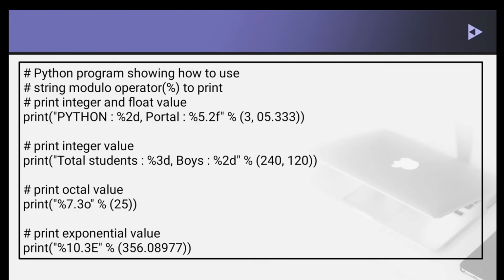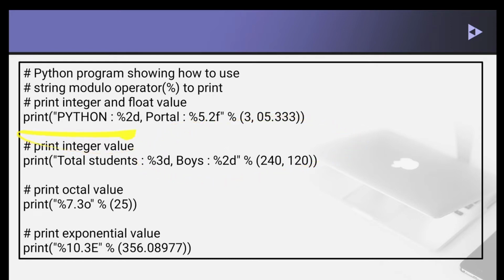This is a code to demonstrate the percentile operator. This Python program shows how to use the string modulo operator to print an integer and a float value. In the first line of code I am going to print an integer, and next I am going to print the float value using the string modulo operator.